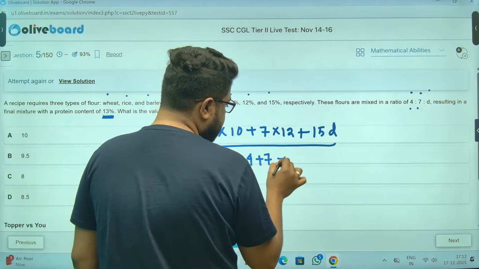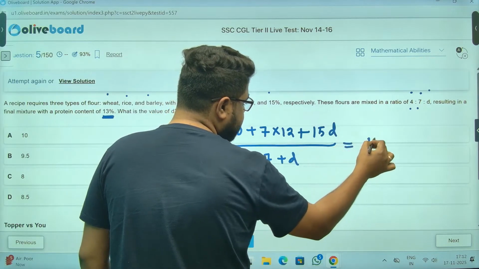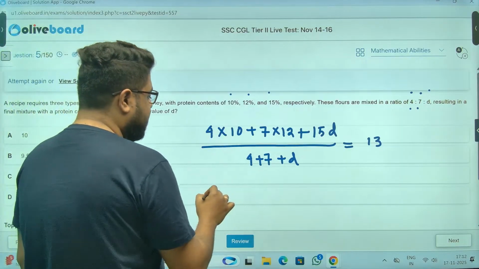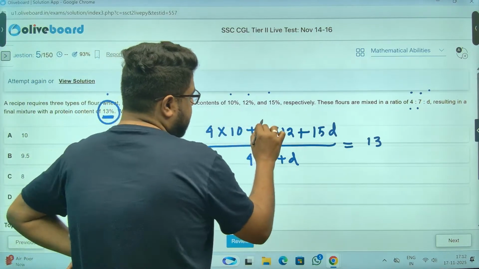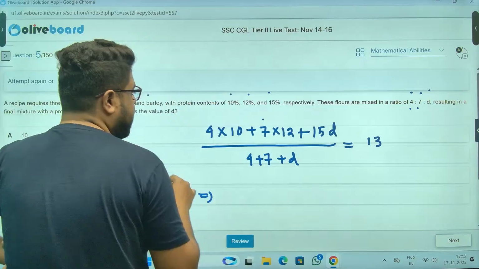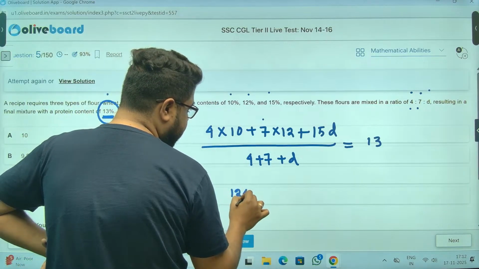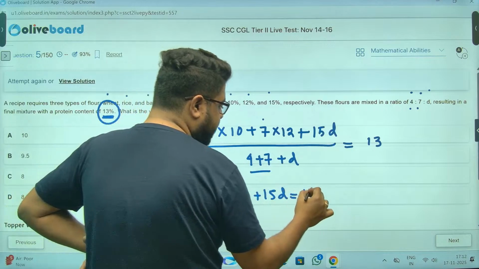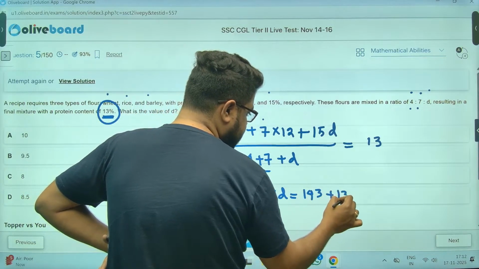That is equal to 13, because they have given you 13% as the average. Calculate: 40 and 84 means 124 plus 15d, that is equal to 11 into 13, 143 plus 13d.